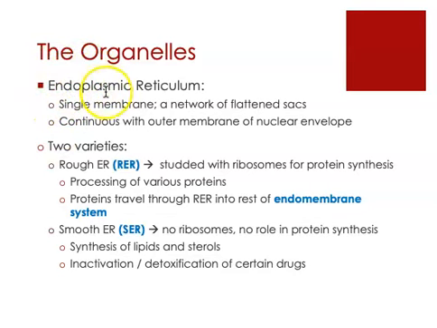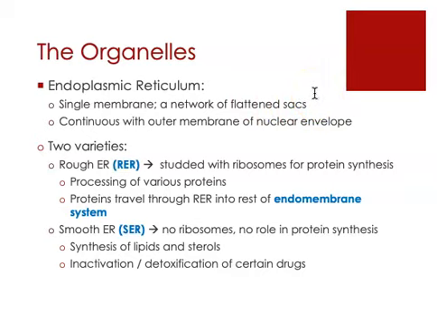So within the plasm, in other words, within the cytoplasm, and reticulum means mesh or network. So this is a network or a mesh structure that when you look at it under the microscope, it looks like flattened sacs of membrane.